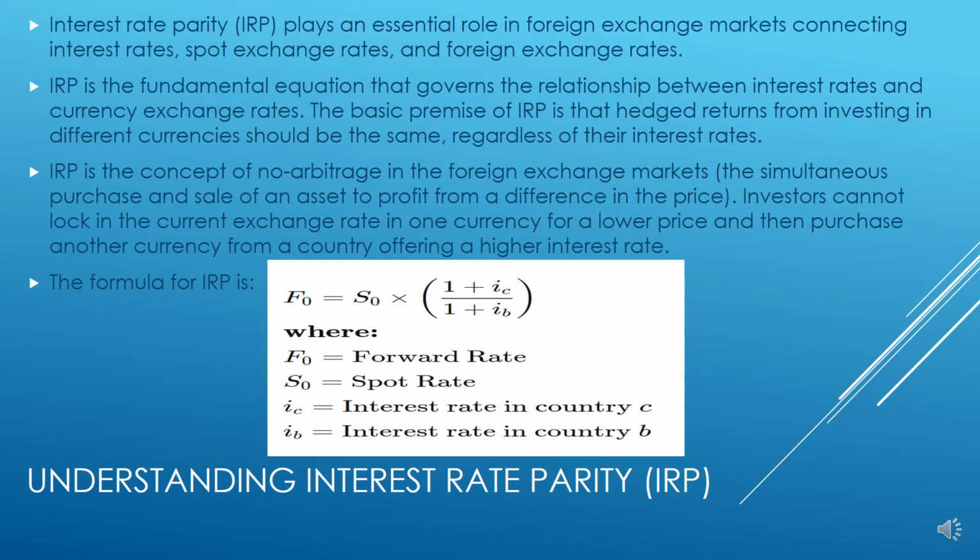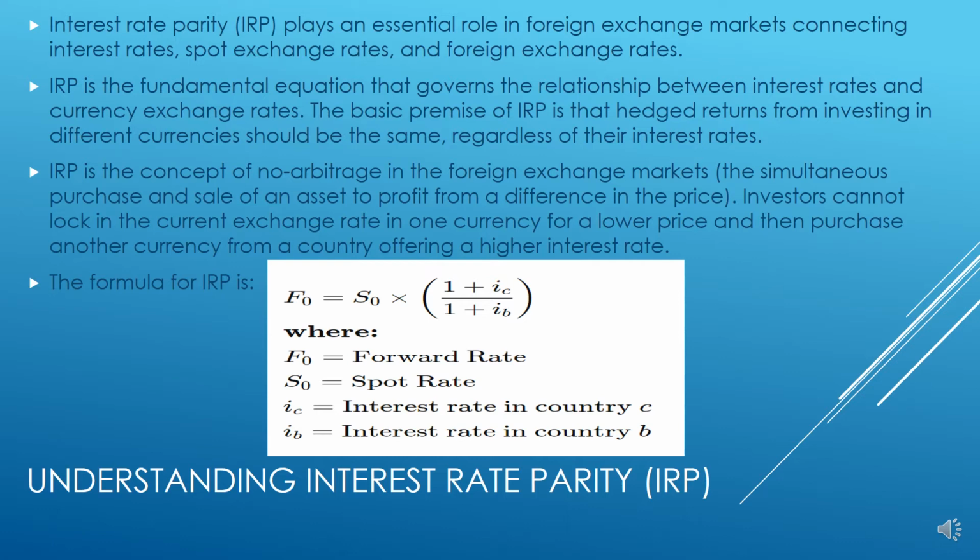The basic premise of interest rate parity is that hedged returns from investing in different currencies should be the same regardless of their interest rates. Interest rate parity is the concept of no arbitrage in the foreign exchange markets, arbitrage being the simultaneous purchase and sale of an asset to profit from a difference in the price. Investors cannot lock in the current exchange rate in one currency for a lower price and then purchase another currency from a country offering a higher interest rate.